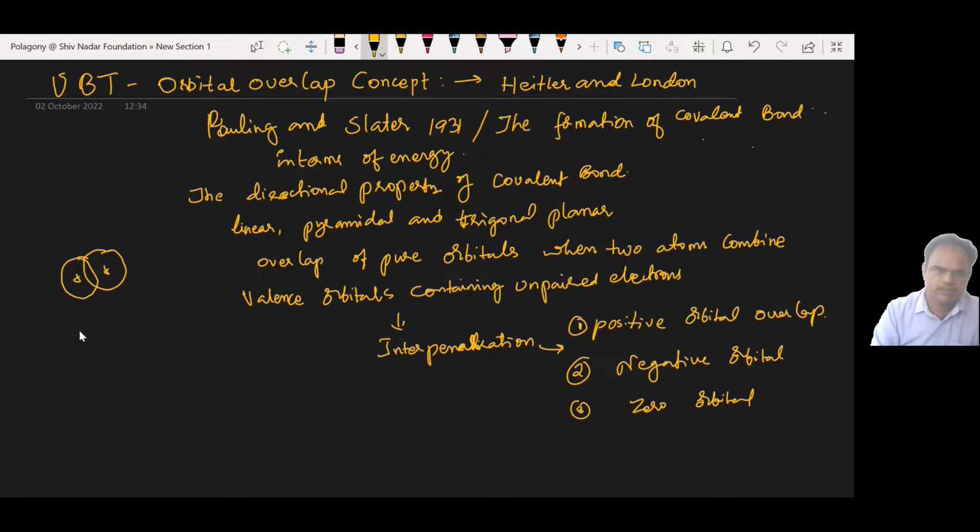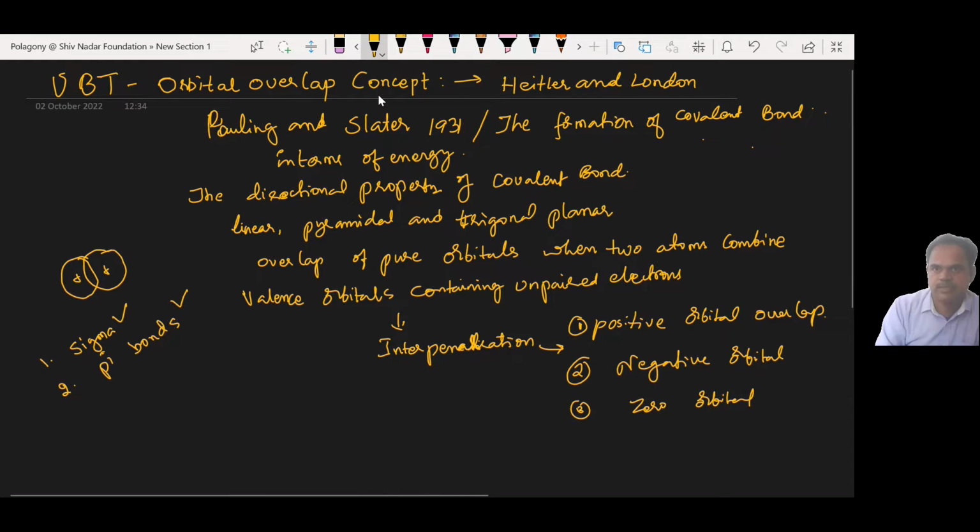Two kinds of bonds are possible: one is the sigma covalent bond, and the other is the pi bond. Let us now discuss these three types of orbital overlap.